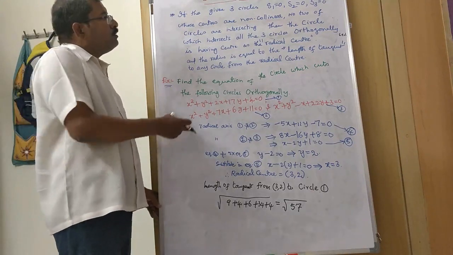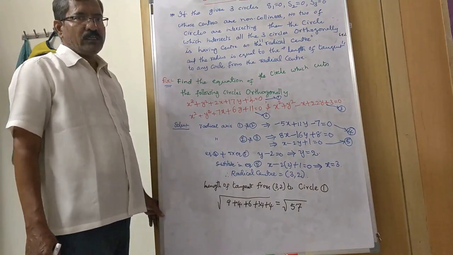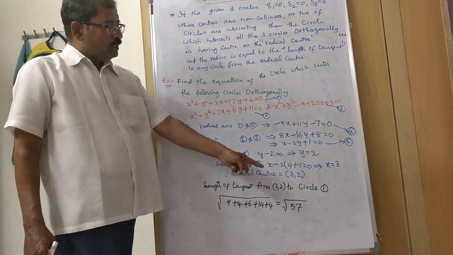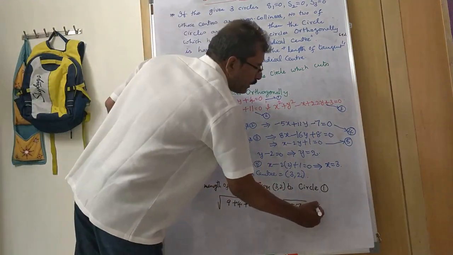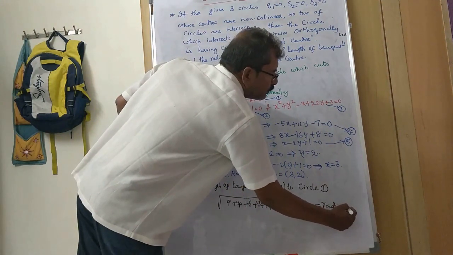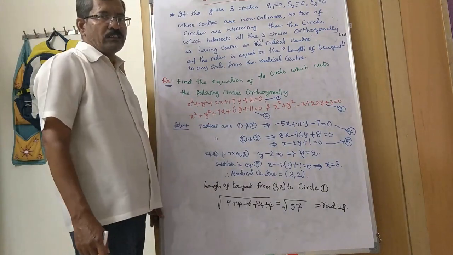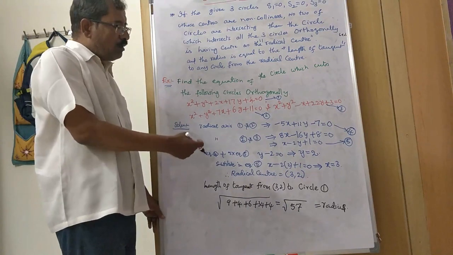Now, what does it require? The equation of the circle which is orthogonal to the given 3 circles. You know the center and the radius. This is equal to the radius of the required circle. Then use the formula: suppose h comma k is my center, x minus h whole square plus y minus k whole square is equal to r square.